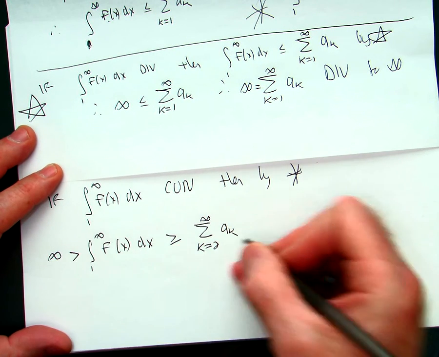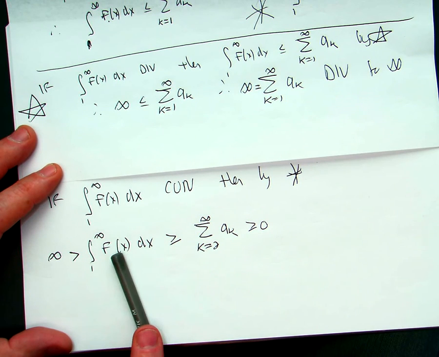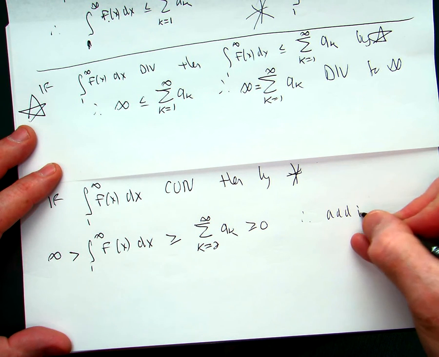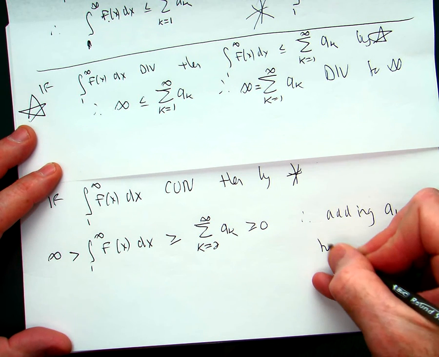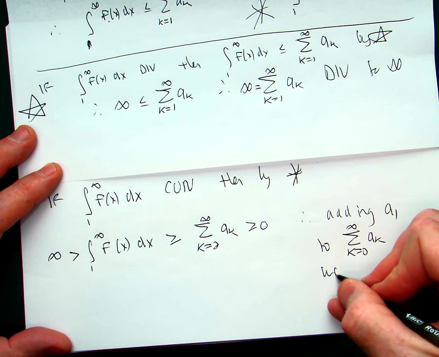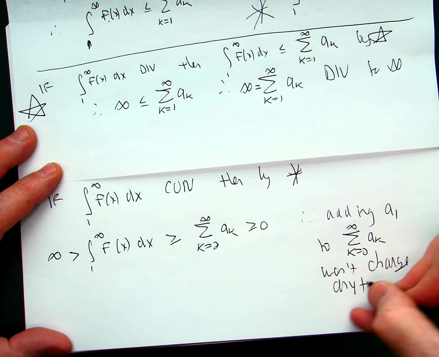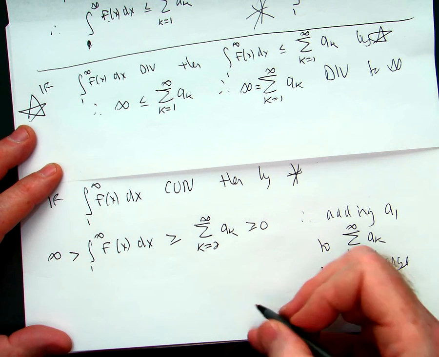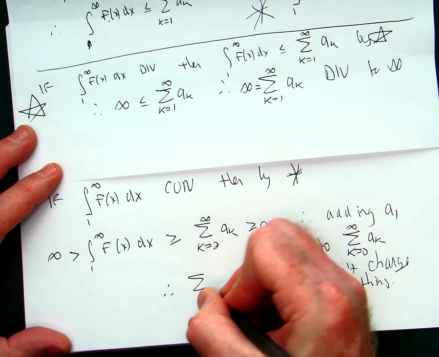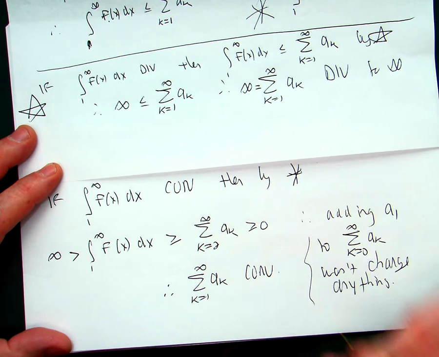This converges. That means this series is also going to converge. The convergent integral is bigger than the convergent series, and therefore adding a_1 to the series starting at 2 won't change anything. So therefore, sorry, I'm being kind of sloppy over here. Therefore, this series a_k converges as well.